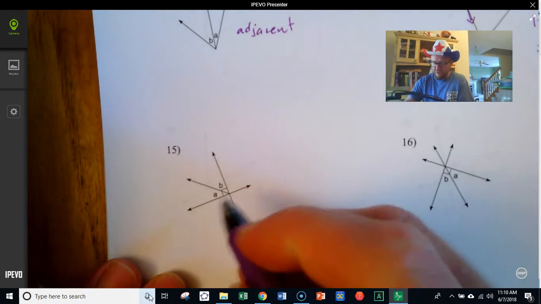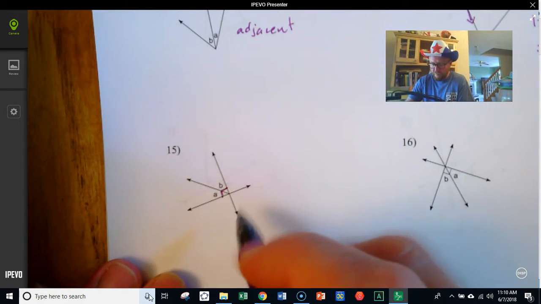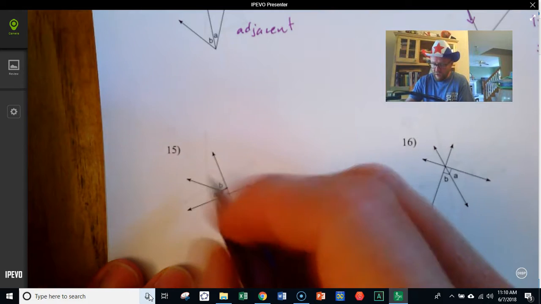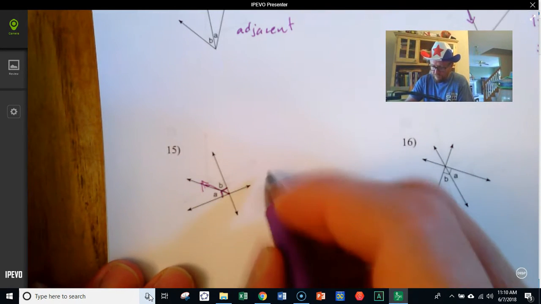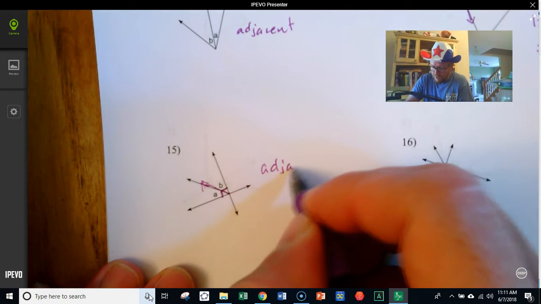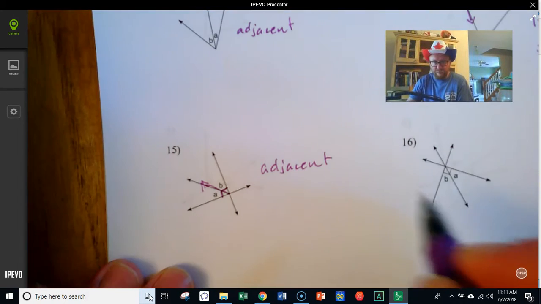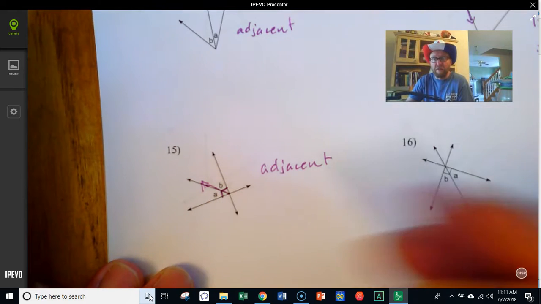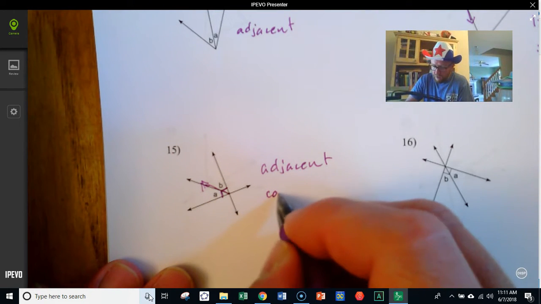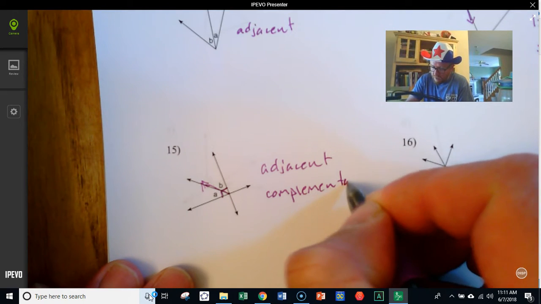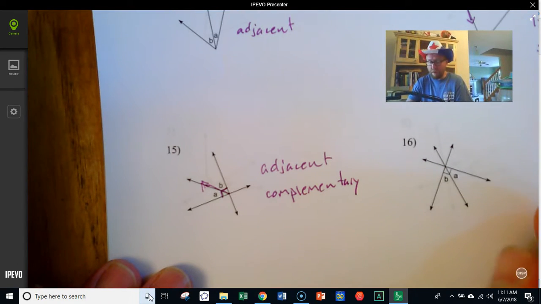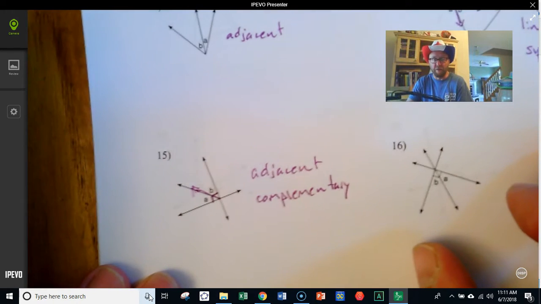Down here you'll notice that there's this little right angle symbol here, which means that these two angles share a common side, right? So they are adjacent. And because together they form a right angle, they are complementary. Right? They add up to 90 degrees.